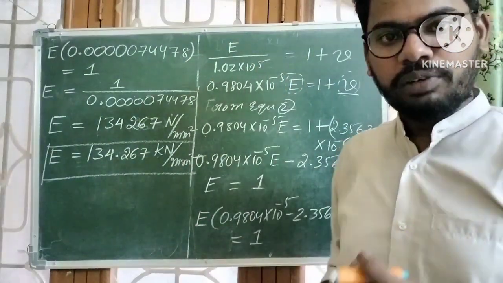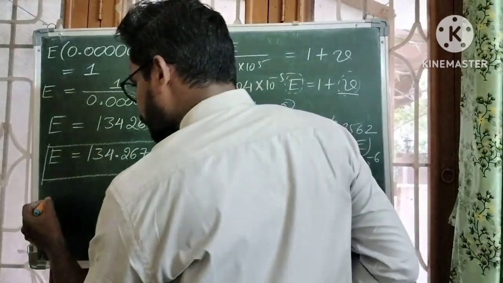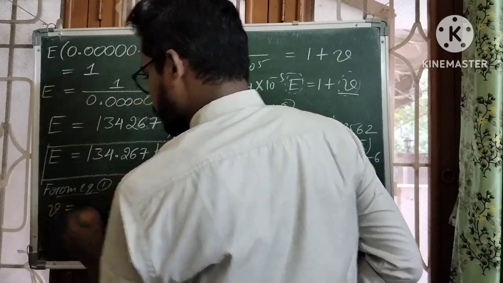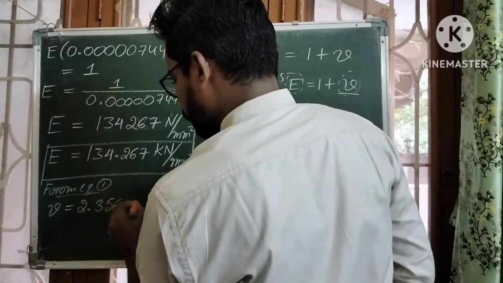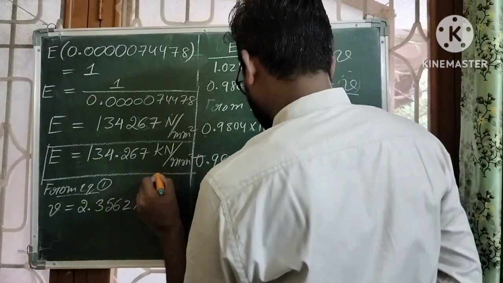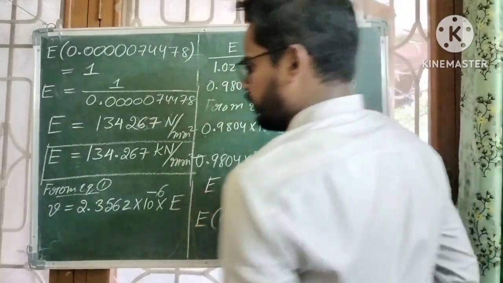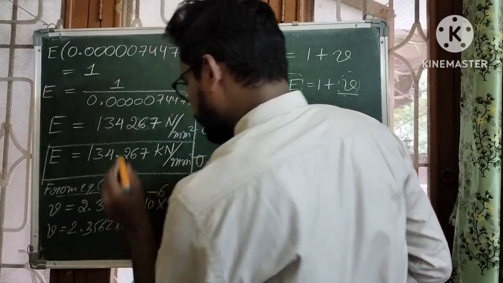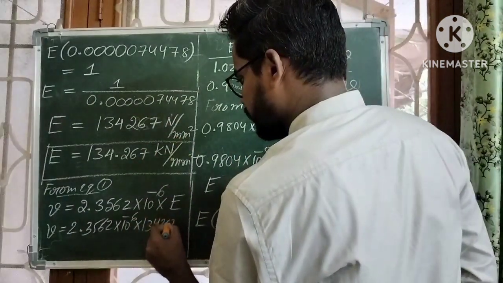So for the given rod material, Young's modulus E is equal to 134.267 kilonewton per mm square. What about Poisson's ratio? From equation 2, nu is equal to 2.3562 into 10 to the power of minus 6 into E. What is the E value in terms of Newton per mm square? 134.267.